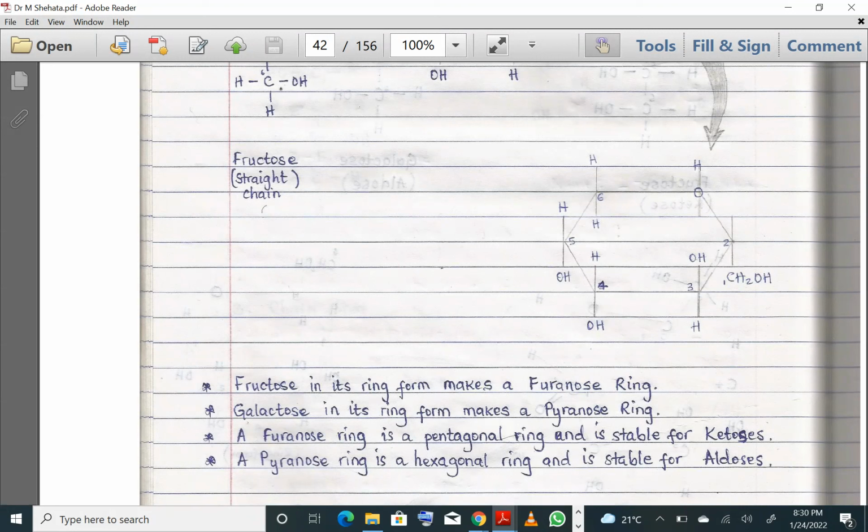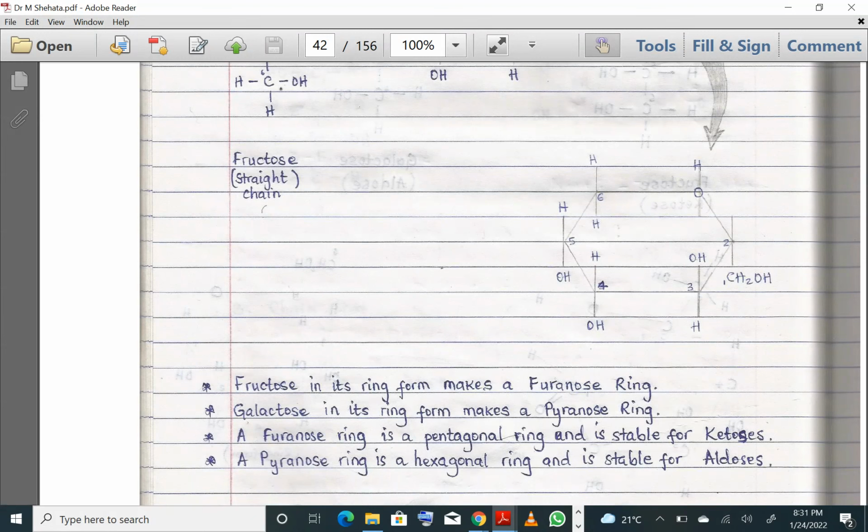So the furanose ring, you see, that's the ring that's more stable, and that's the one that usually fructose is going to form. So when they ask which of the following rings is the one that fructose forms, you go for the furanose ring, because the way organic chemistry works is that molecules, compounds will usually exist most likely, or for the greater amount of time, in the form in which they are most stable.